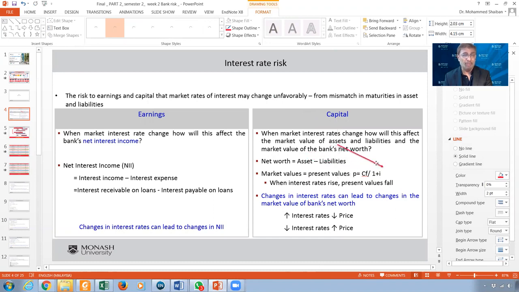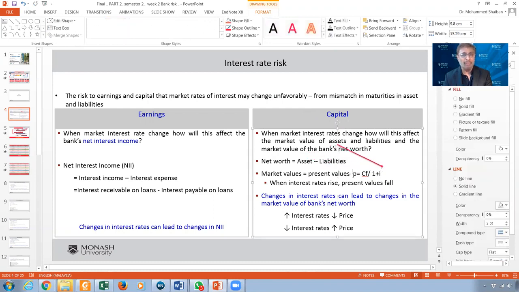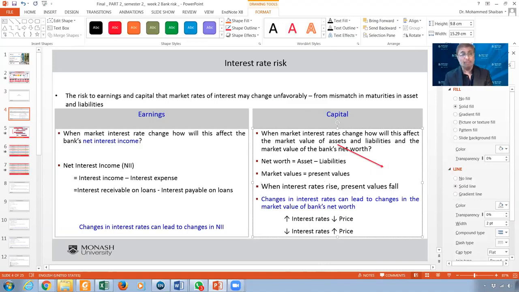This is the impact of the increase in the interest rate on the capital. Since my capital or equity is the difference between the market value of the assets and the market value of the liabilities, the market value of the assets will drop, and the market value of the liabilities will drop also.